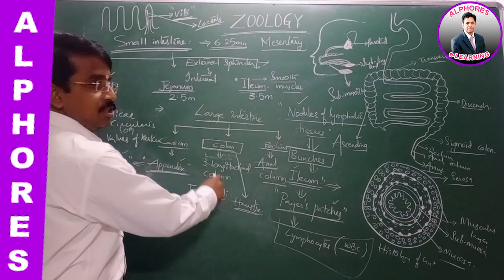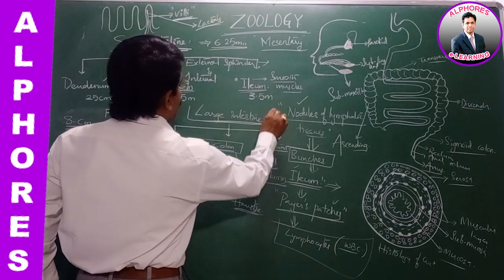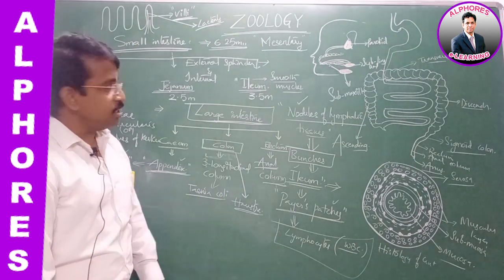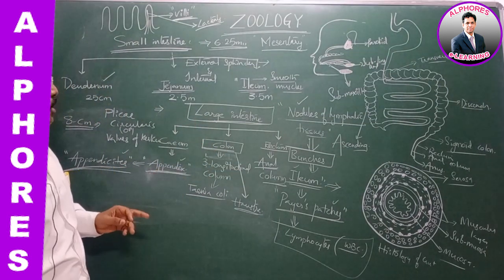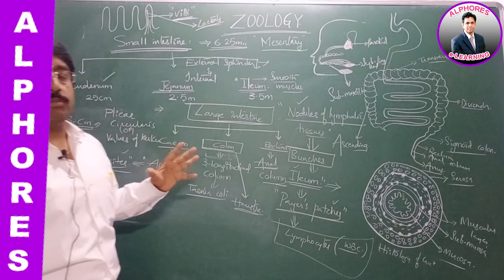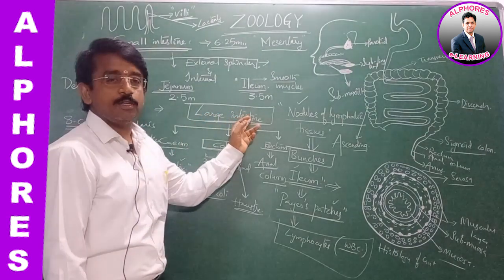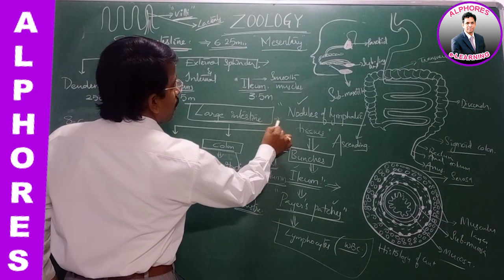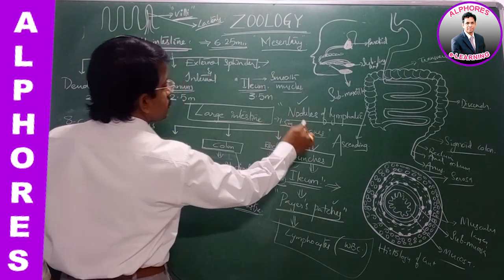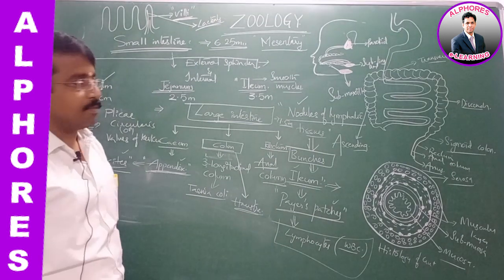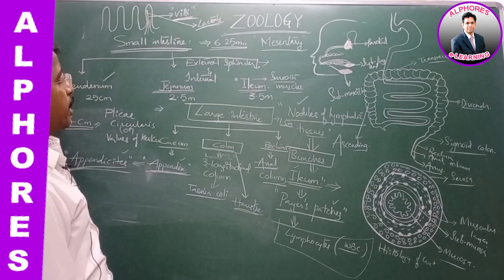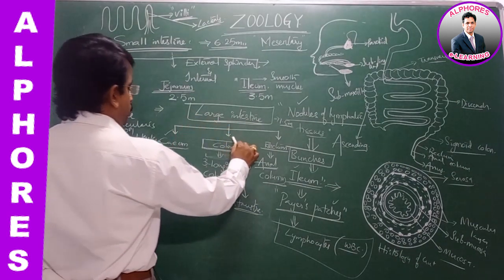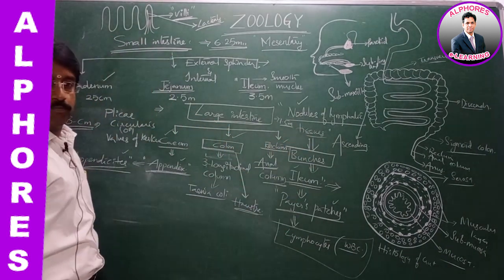Next is the large intestine. The large intestine has a larger diameter, hence it is named the large intestine. It is about 1.5 meters in length, and it includes three parts: the cecum, colon and rectum.